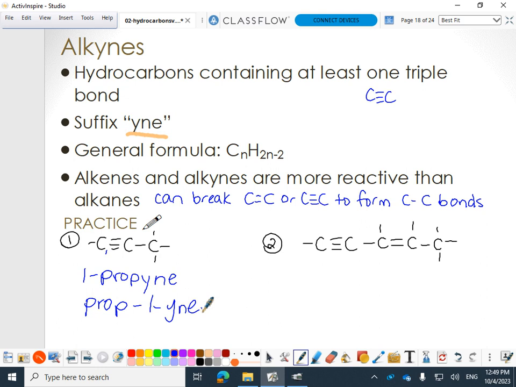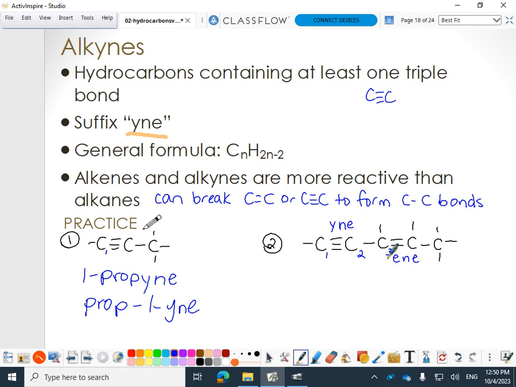Okay, so if you have an ine and an ene, then you have to do the dashed ending. But again, some people like it because then you can see the number goes right with the ending. So this carbon on the left would be number 1. Number 2, and then number 3 has the ENE.